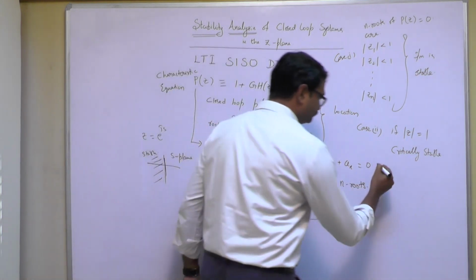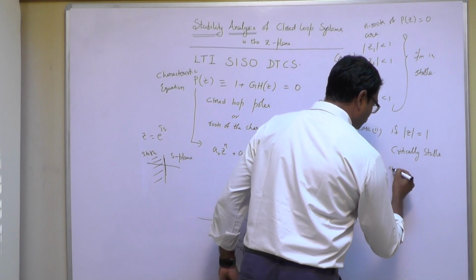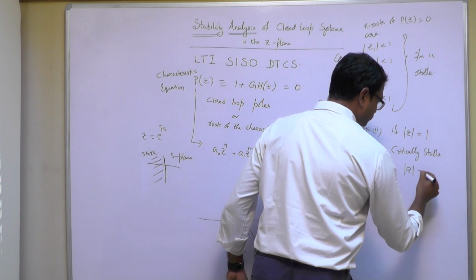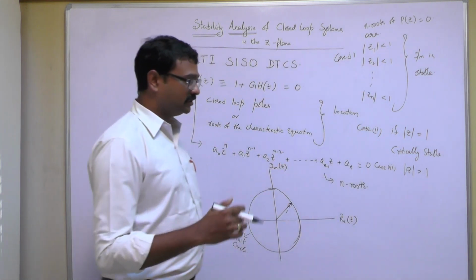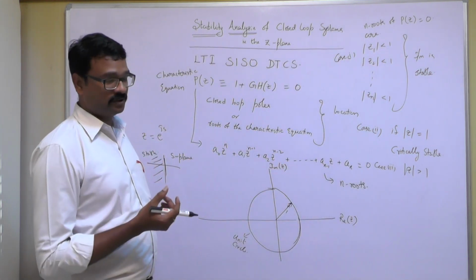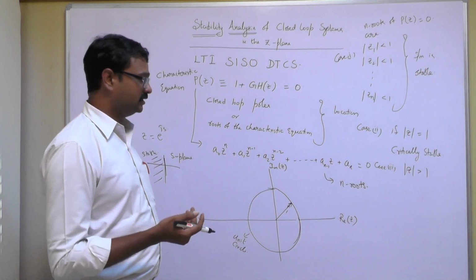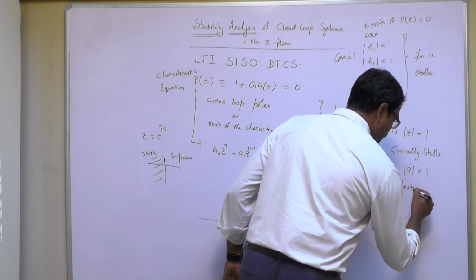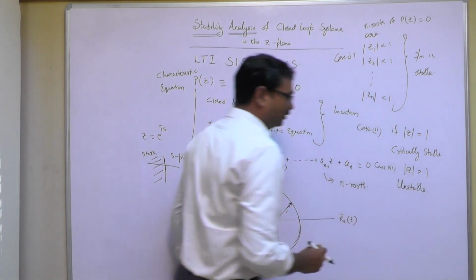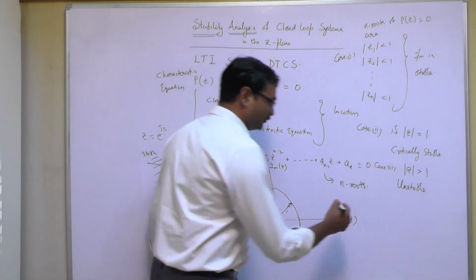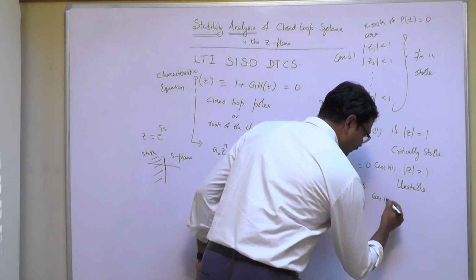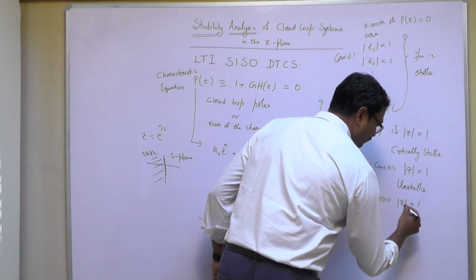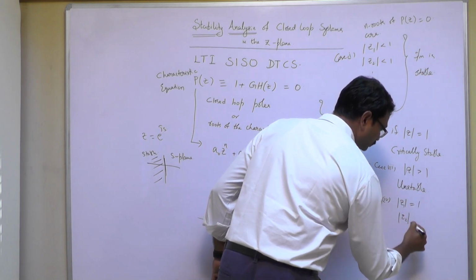Now case 3: if there is any single pole with mod Z greater than 1, then the system is unstable. In case 4, what if there is a multiple pole, for example mod Z1 equal to 1 and mod Z2 equal to 1?